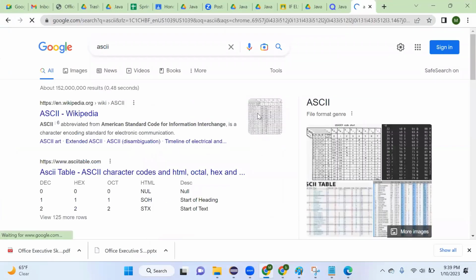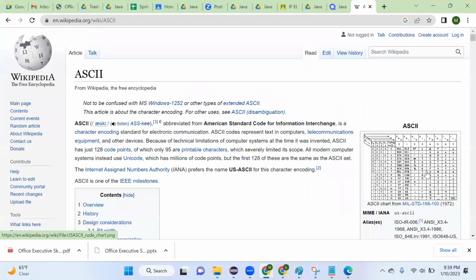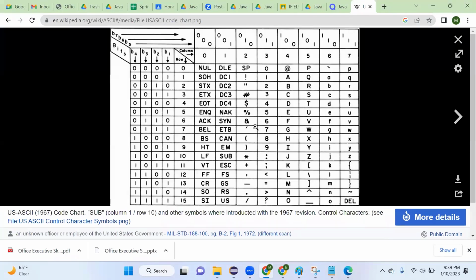You see here, A, B, C, D, E, F, all are ASCII code, and the binary number, the 01 number, is this.